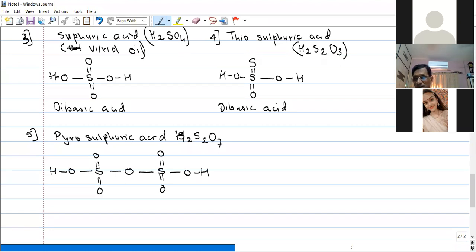Pyrosulfuric acid is obtained from sulfuric acid by losing a water molecule. दो सल्फ्यूरिक एसिड कंबाइन करेंगे और वाटर मॉलिक्यूल निकलेगा तो हमें पायरोसल्फ्यूरिक एसिड बनता है. Two sulfuric acid molecules combine by removal of a water molecule. बीच में देखो OH है, इधर एक मॉलिक्यूल का OH दूसरे मॉलिक्यूल से H, and these two molecules are joined by oxygen. This is pyrosulfuric acid.